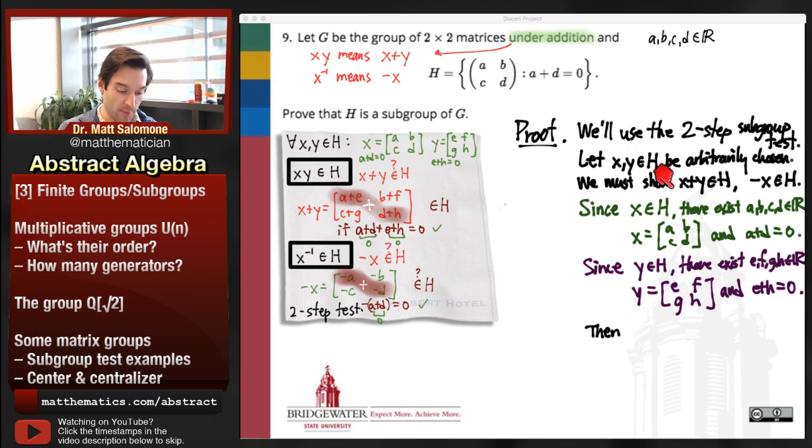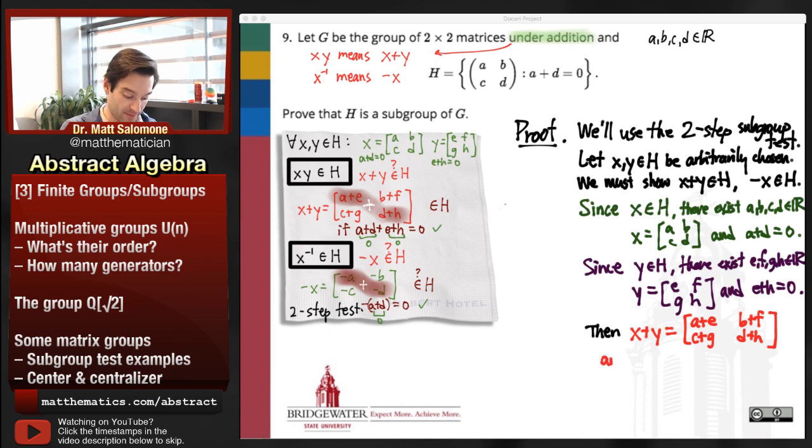To show that x plus y belongs to H, we'll do the calculation from the napkin. X plus y is the matrix a plus e, b plus f, c plus g, d plus h. That's a 2 by 2 matrix of real numbers.